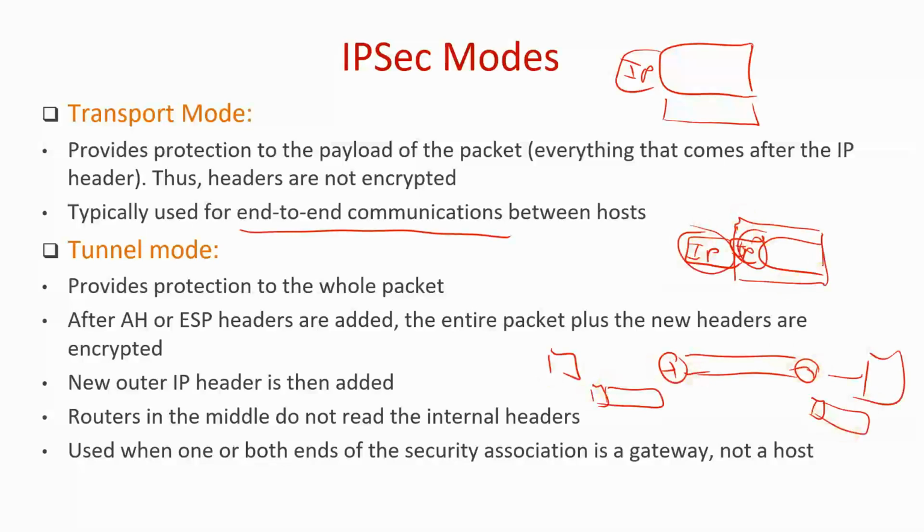This is because the additional IP header that is inserted at the entry point of the tunnel will include the source IP address of the entry point and the destination IP address of the exit point. And everything in the tunnel, everything in the packet, the payload of the packet, including the original IP header, will be encrypted. So no one will be able to read where the packet is going inside the tunnel.